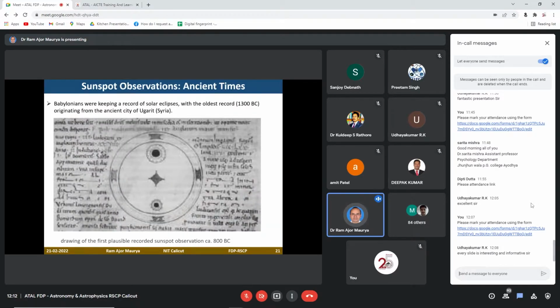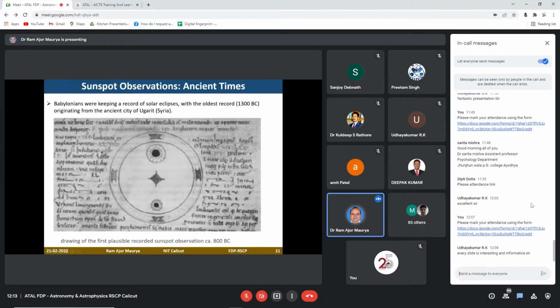Sunspots have been observed since ancient times, and this is some history about it. The Babylonians were keeping records of solar eclipses, the oldest records.